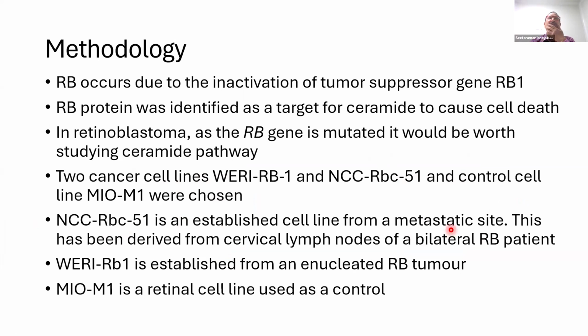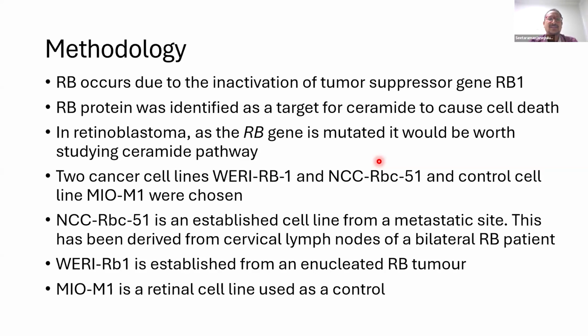And this is our methodology. Here, RB occurs mainly due to the inactivation of tumor suppressor gene RB1. RB protein is identified as a target for ceramide to cause cell death. And in retinoblastoma, the RB gene is mutated. So we thought a lipidomic profiling can give us a nice way to understand retinoblastoma.